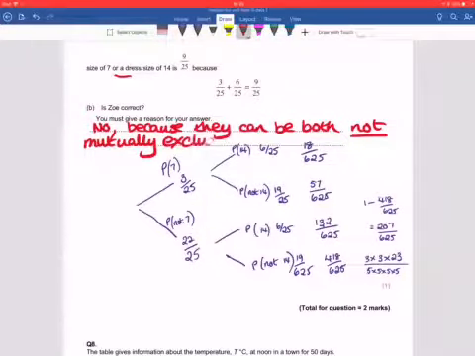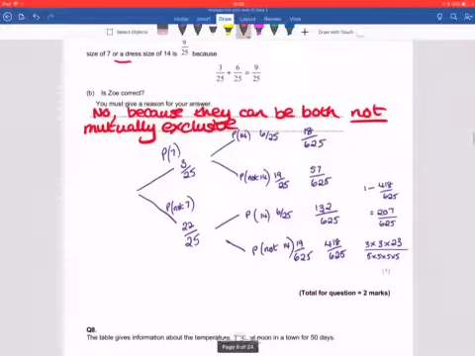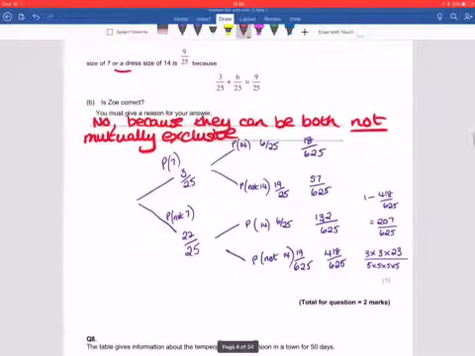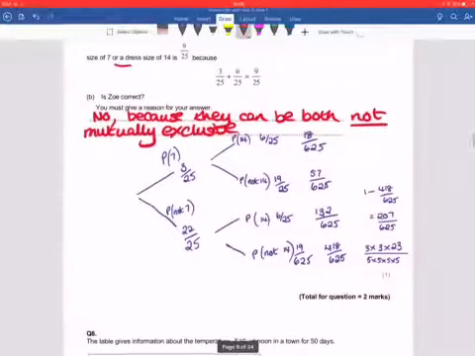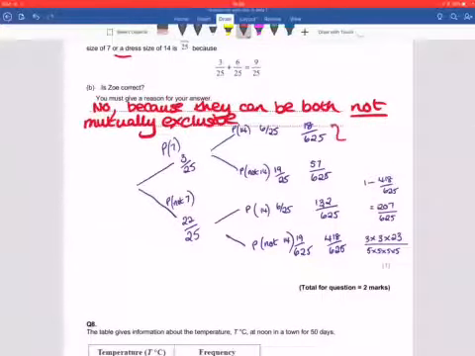And if you really wanted to show, you could actually do a tree diagram. If you added all of these together, it is these 3 categories here. In here, they've got a 7, whether they have a 14 or not.